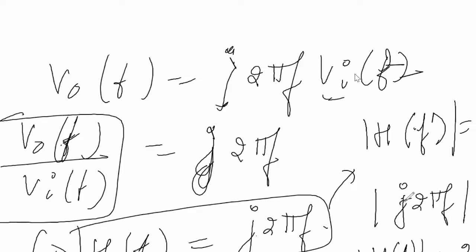Because the magnitude of a plus jb is nothing but under root a square plus b square. Here for j2 pi f, a is 0 and only jb is there, so you get under root b square, that is under root 4 pi square f square, which is 2 pi f. So the magnitude of the transfer function becomes 2 pi f.